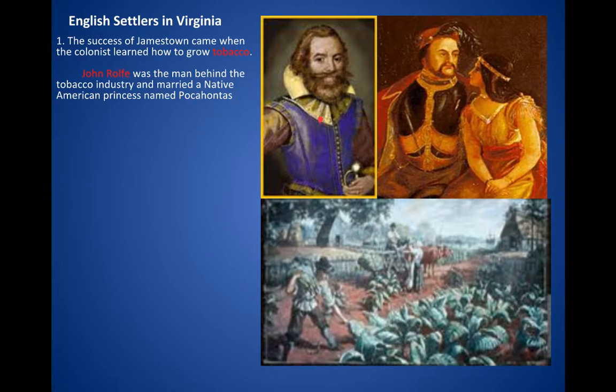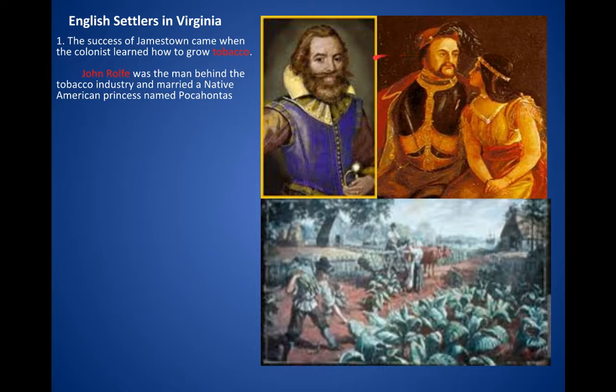So John Smith was let go, and he remembered this Native American princess that saved his life. So she was a friend of the Jamestown settlement, and she eventually met John Rolfe, like I said, the very powerful man behind the tobacco industry, and they ended up getting married.